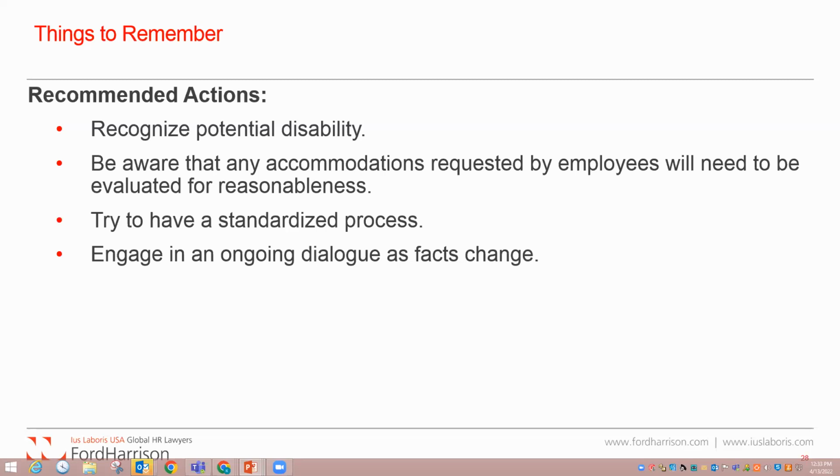And if things change, always have a continuing ongoing dialogue with the employee. Let them know they're free to bring any concerns to human resources. And now I'm going to turn it over to Roy Smith in our office, and he's going to go through and remind everybody about the general requirements of each of the laws we talked about.